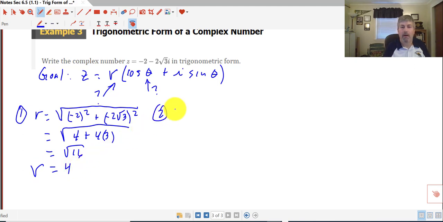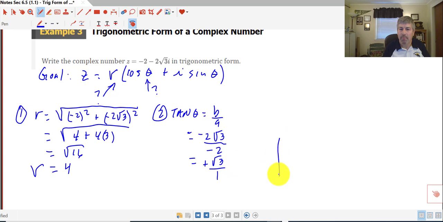Part 2, our tangent of theta, b over a. So we're going to back into theta here. That's equal to negative 2 square root of 3 all over negative 2, which is a positive square root of 3 over 1. So think about your unit circle. Since a and b were both negative here, we're in the third quadrant.